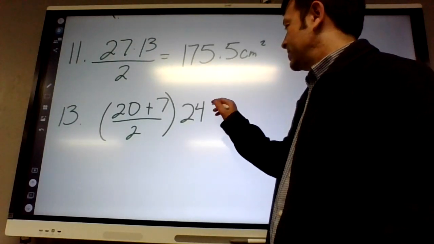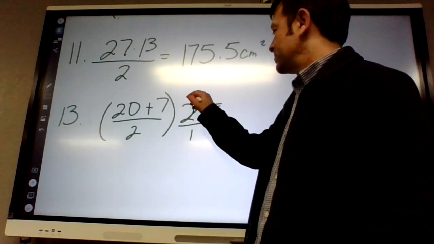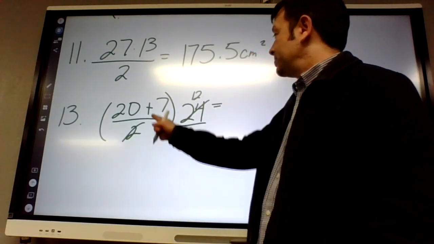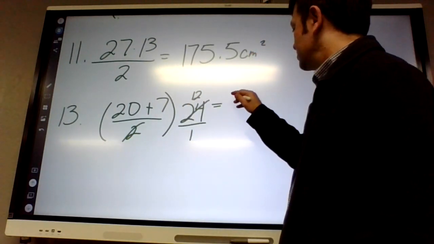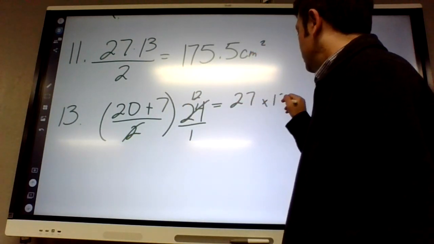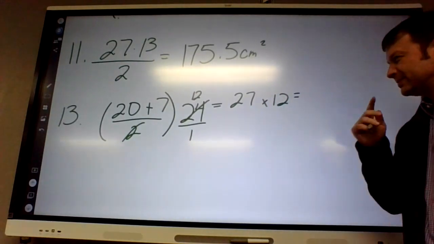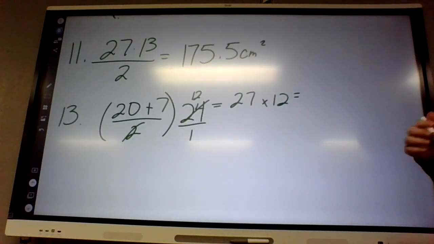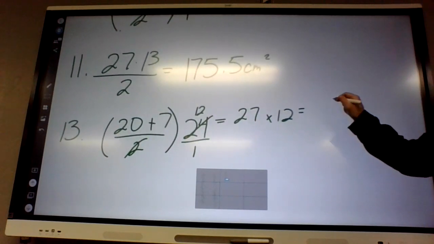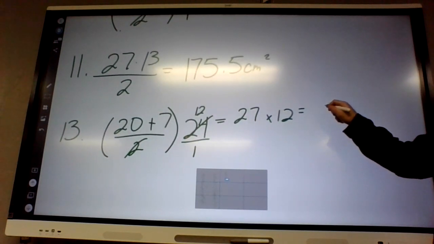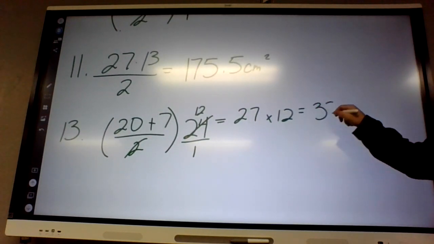My little trick doesn't help as much on this one because it's still like 27 times 12. 54 plus 270.